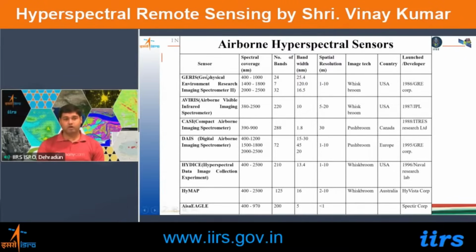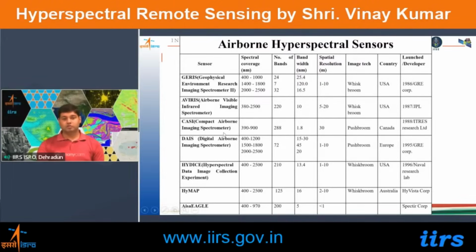Then they launched the imaging spectroradiometer, first with 3 different spectral ranges and different spectral resolutions. After that, AVIRIS was the major technological evolution in hyperspectral technology, which was used for mineral applications. It was with 220 spectral bands and 10 nanometer spectral resolution. And as they are airborne platforms, they can fly at different altitudes to change the spatial resolution, because spatial resolution is dependent on the altitude of the sensor.